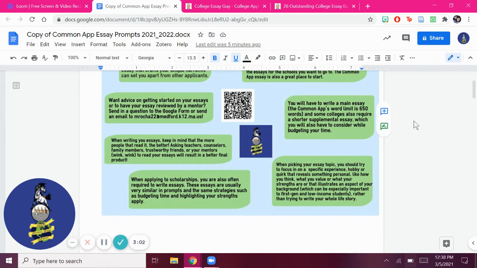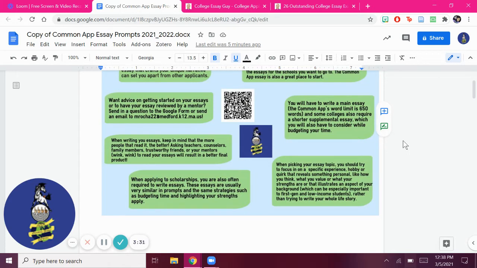A really important aspect is, rather than trying to write your whole life story, you should be crafting a narrative, something specific, something that you can show, not tell. You want to include descriptive language and paint a picture of who you are while still being informative at the same time.